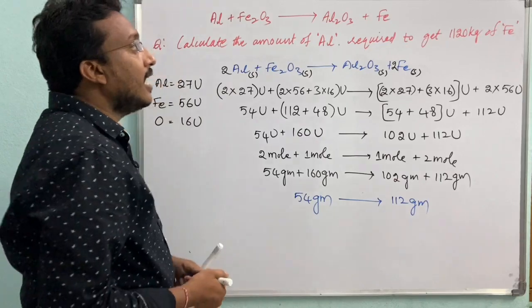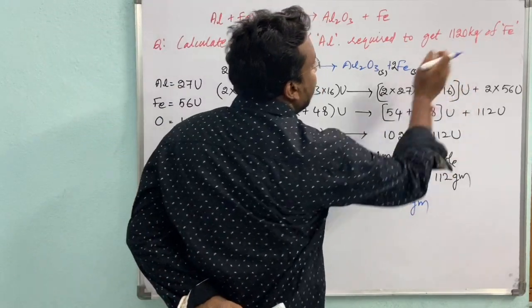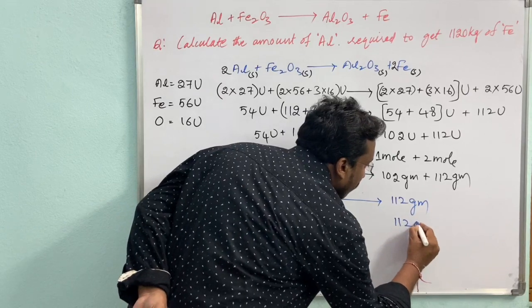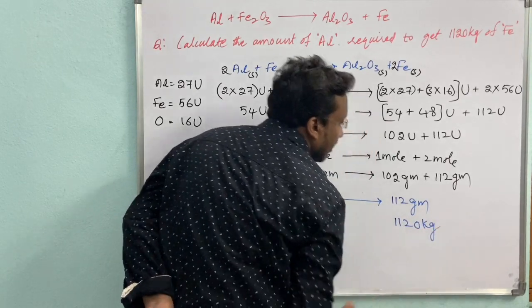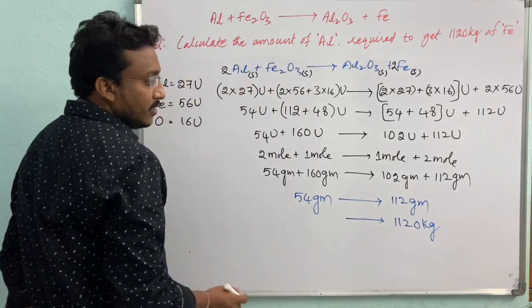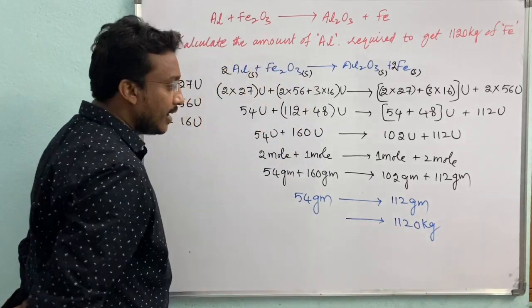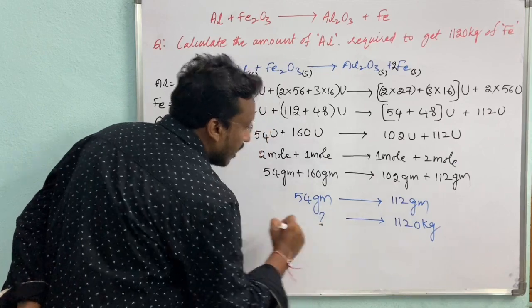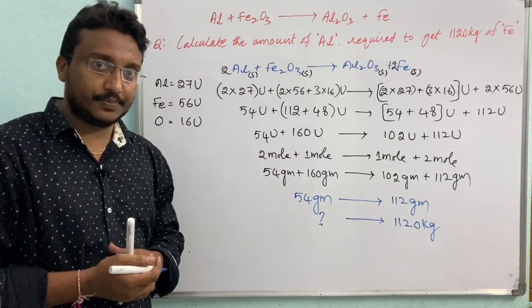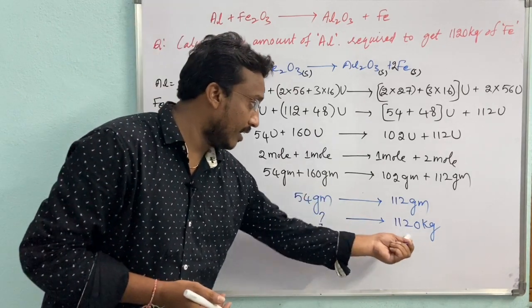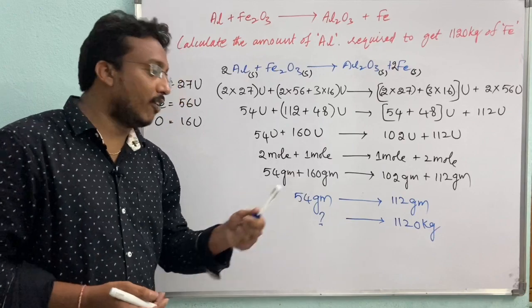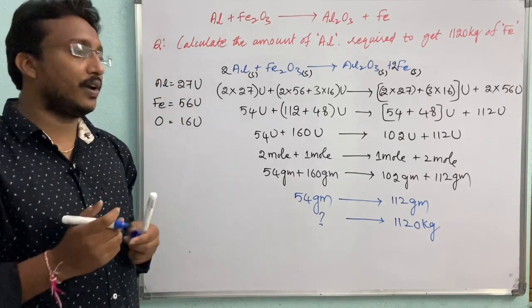In this case, how much iron do I require? 1120 kgs. To get this amount of iron, how much aluminum should we take? That we are going to find out.